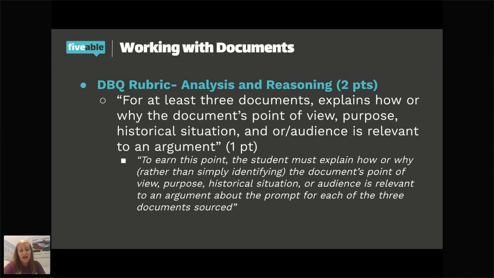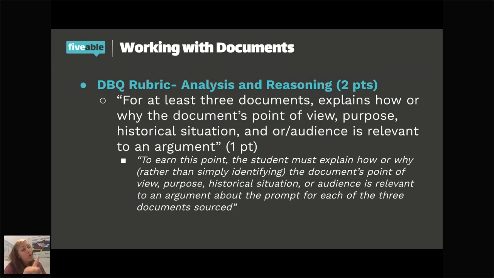All the rubrics are aligned across the histories. Now, 1 point, you're going to have to analyze 3 different documents, and you're going to have to look at them through their source. Their source being the point of view, the purpose, historical situation, and/or the audience.